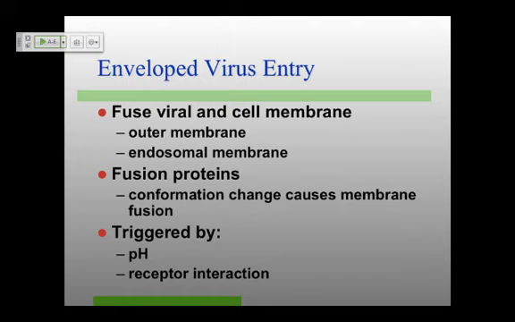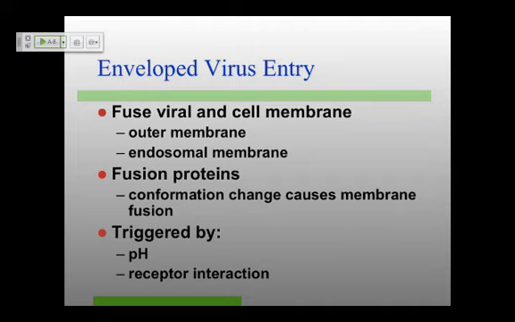Now, how do you get a conformational change to take place? In most cases, this is due to pH. If you think about receptor-mediated endocytosis, one of the things that happens once you have an endosome is that the pH lowers. That lowering of pH is probably important for stopping the activity of a lot of pathogens and also for helping break down whatever has come in through endocytosis, usually food, in order to use the precursors.